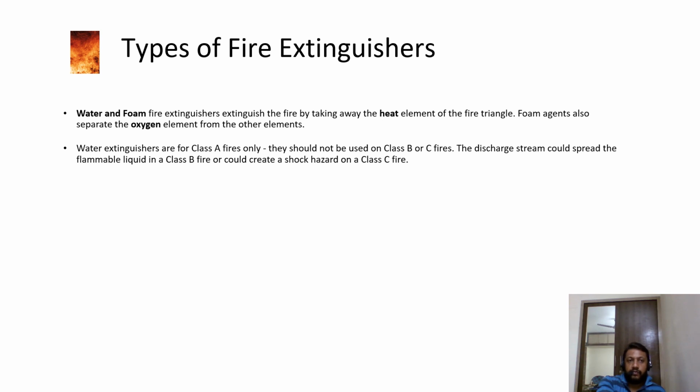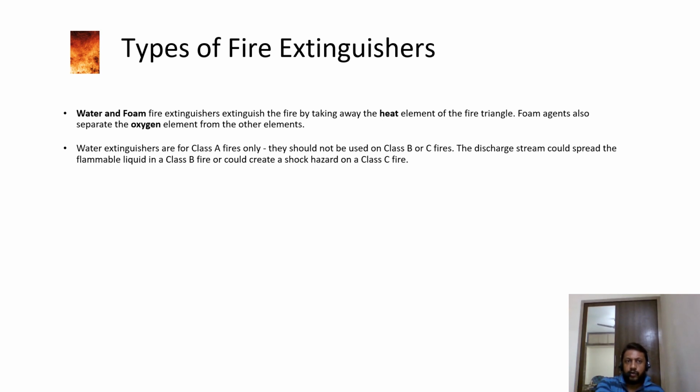So we have water and foam type extinguishers. To discuss this further, just keep in mind the fire triangle which we discussed on the earlier slide. That is, we need oxygen, heat energy, as well as fuel for the fire to continue. So if any one of these is cut from the triangle, the fire automatically extinguishes.